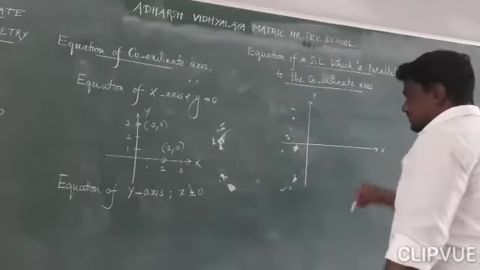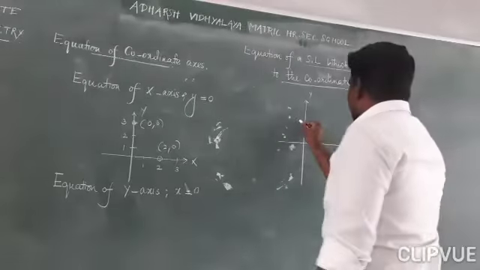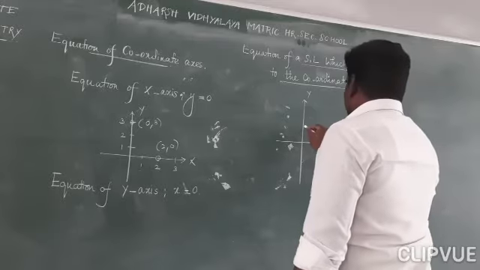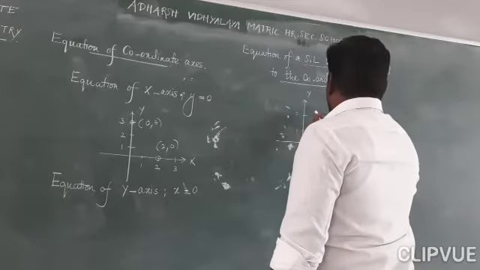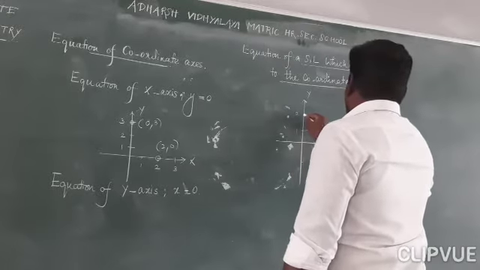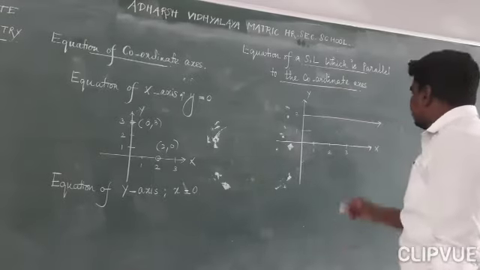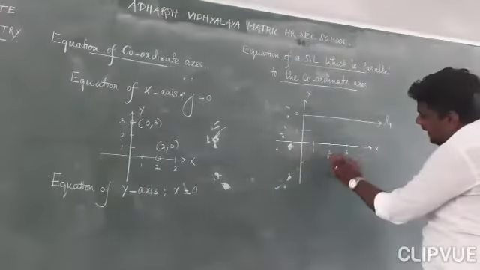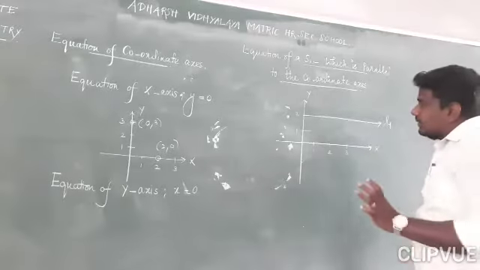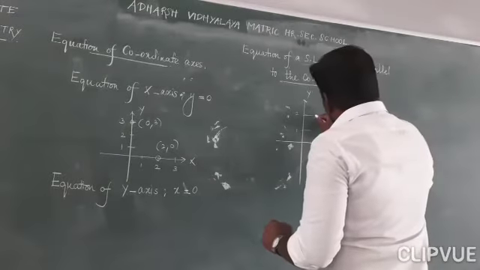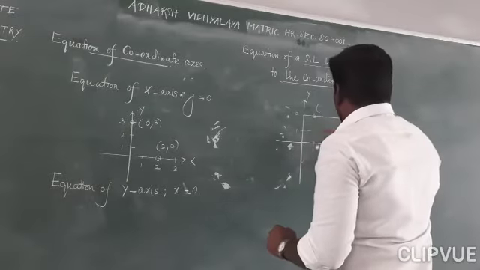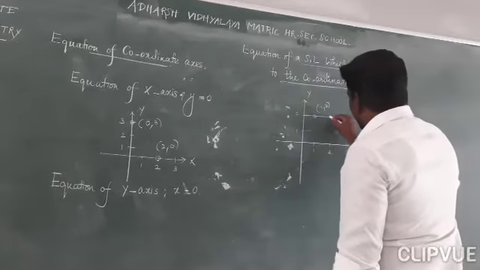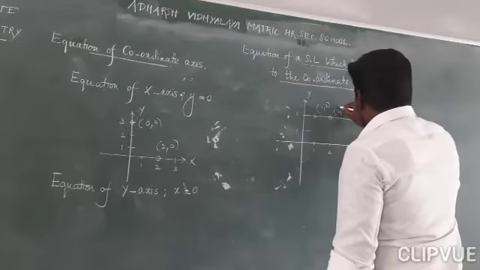This is y, this is x. See, if I take a point like this, this is L1. Actually, this straight line is parallel to x-axis, you know very well. So here, this is 1, 2. This one is 2, 2.